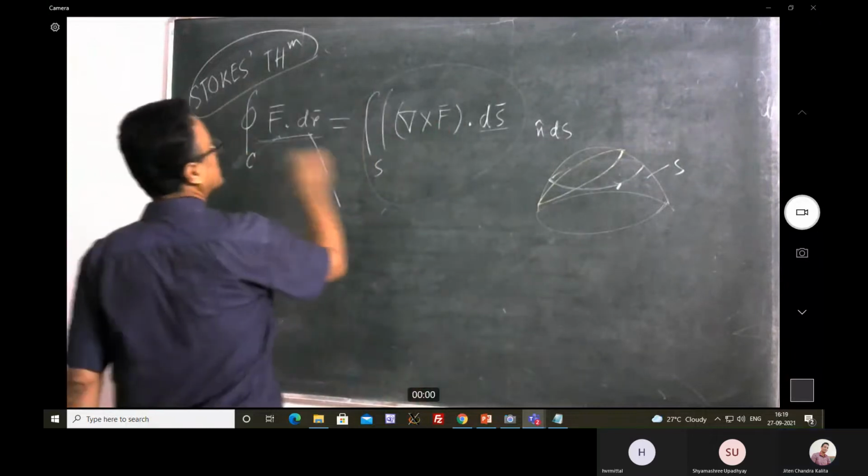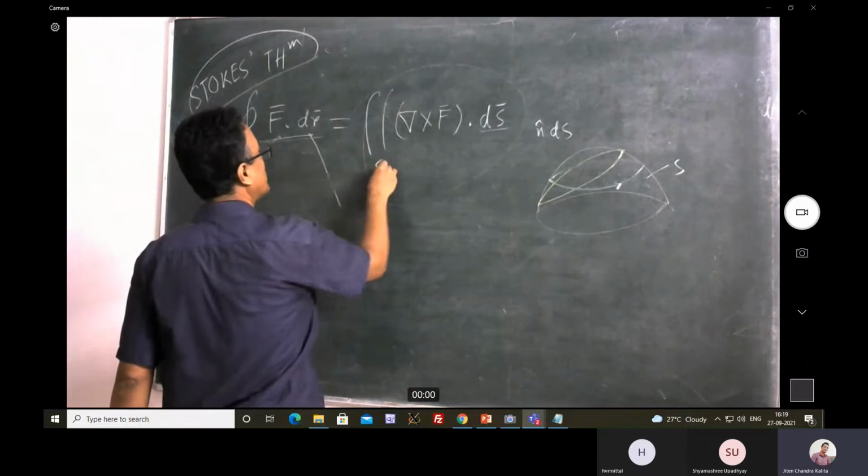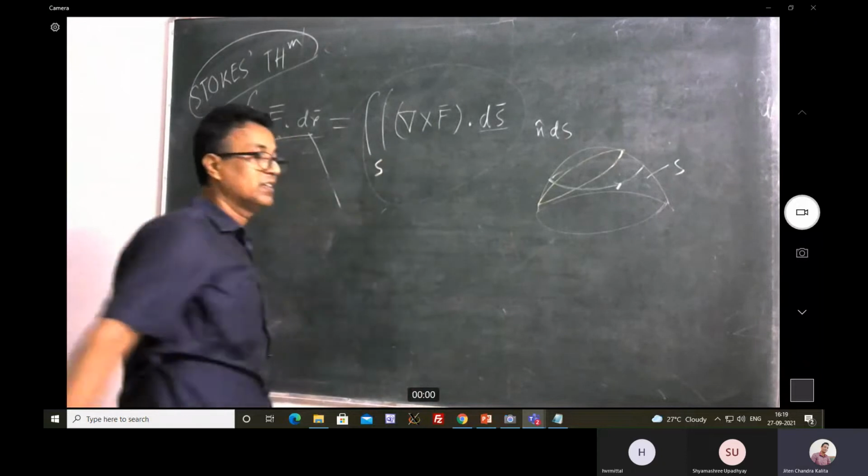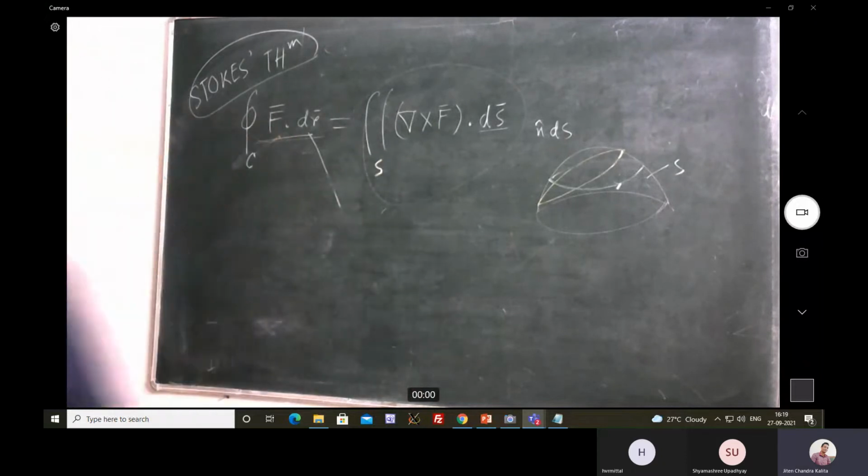When your surface S is nothing but the graph of a function of two variables, x and y. Okay.